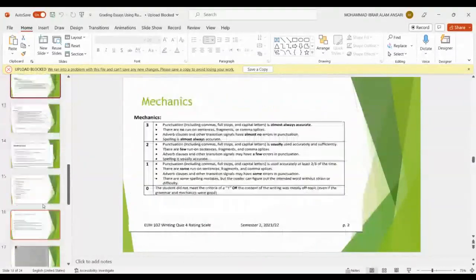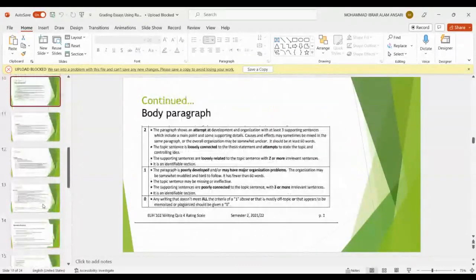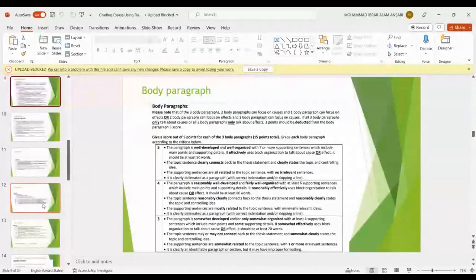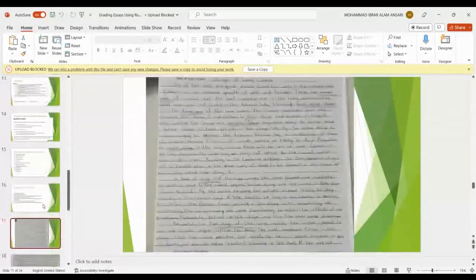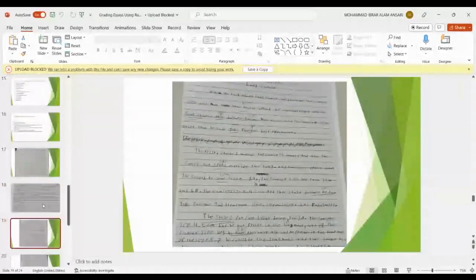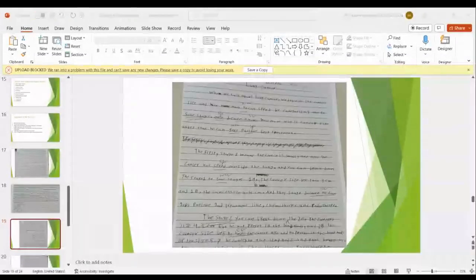Let's go to the body paragraphs quickly so that we exactly know. So we have to give it out of 5, right? What score would you give? Incoherent paragraph. Well done, Rabia Khan.